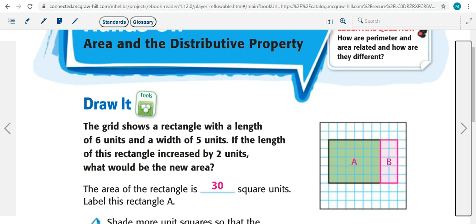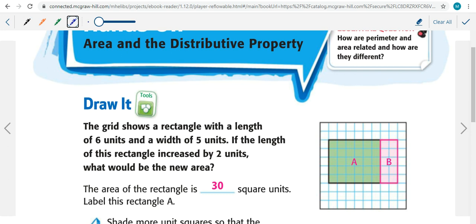As you can see in your books, the first square has one area. Now the book is saying if you increase, which is this part B, by 2 units, remember that units are columns, what will the new area be?